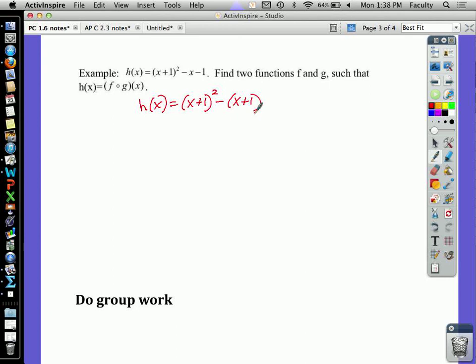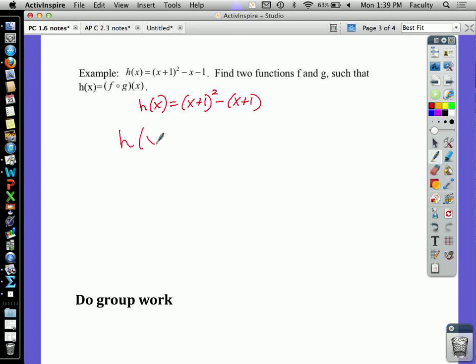So in h of x, I would do one teeny tiny simplification because it doesn't look quite so clear to me the way that it's written. If I can rewrite it as x plus 1 squared minus, and if I insert a parenthesis, that actually is x plus 1.